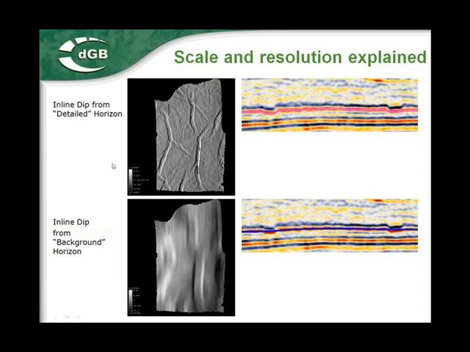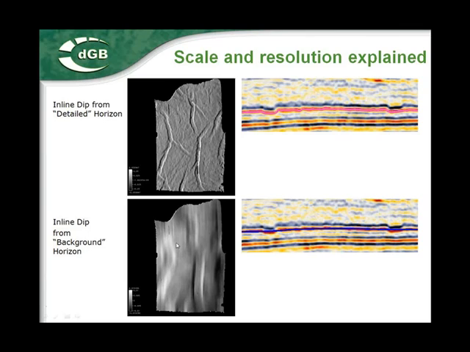On the other hand, if I extract the inline dip, that is the dip going in this direction, and I extract the dip from the detailed horizon, I see many features. I see the outlines of those incisions very sharply displayed as positives and negatives depending on the side you are.